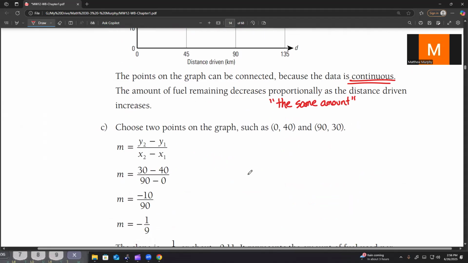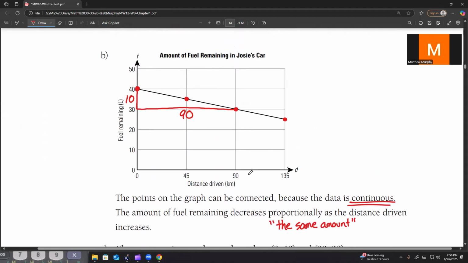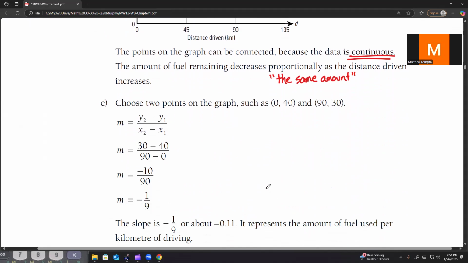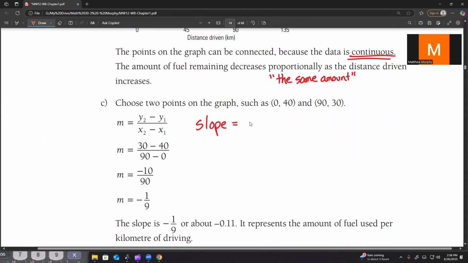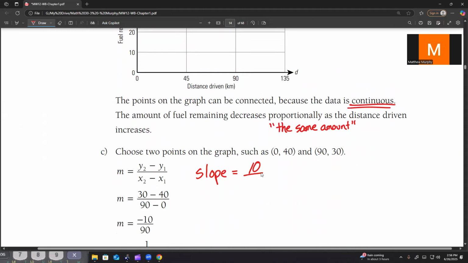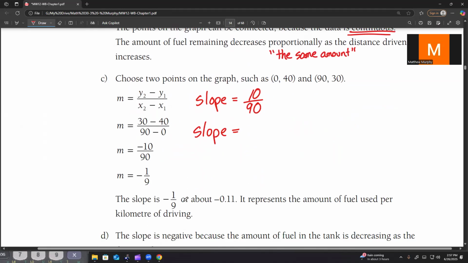Okay? Now, what we have to be aware of here is the negative. So they have the negative in the equation, but what I would be okay with is if you just calculate the slope, so 10 over 90, and you're going to end up with 0.11.